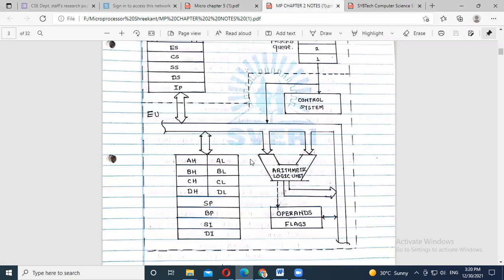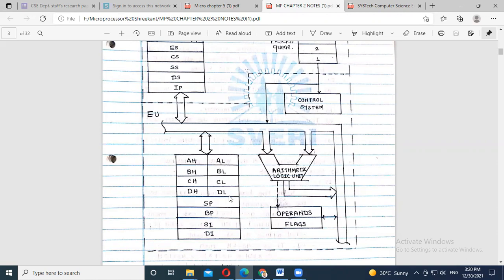So the lower half of the part is for the execution purpose. That is what we call the execution unit. In the execution unit, we are using some storage purpose registers. Those registers we call AH AL, BH BL, CH CL, DH DL.